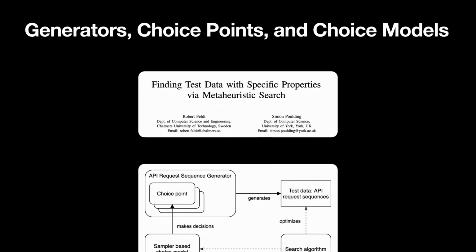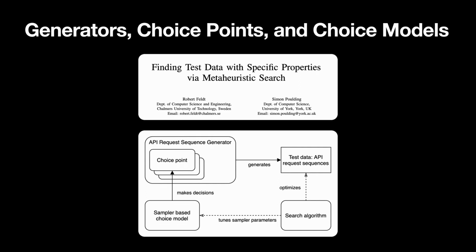So Feldt and Poulding proposed a framework for generating collections of well-structured data that exert certain properties. Their basic idea was to make a clear separation between the generation of structured data and the optimization of specific properties of that data. So they do this by introducing a construct which they call choice points. A choice point can be used by generator programs such as our API request sequence generator in order to add non-determinism to the program.